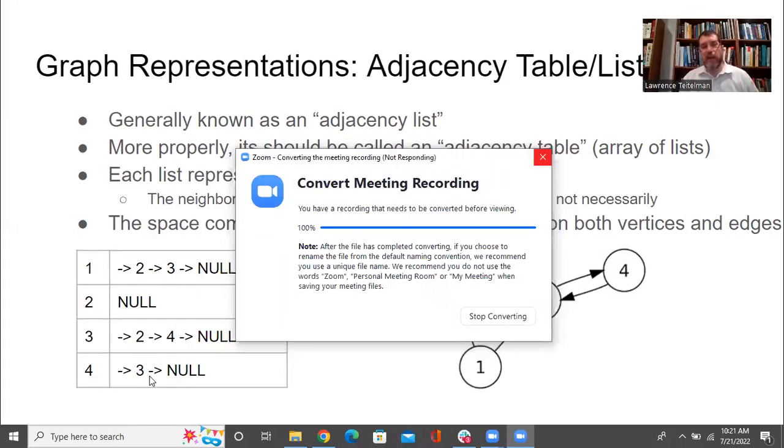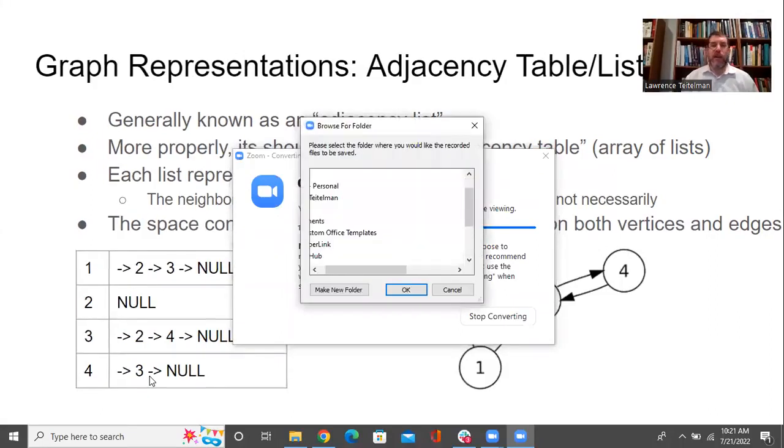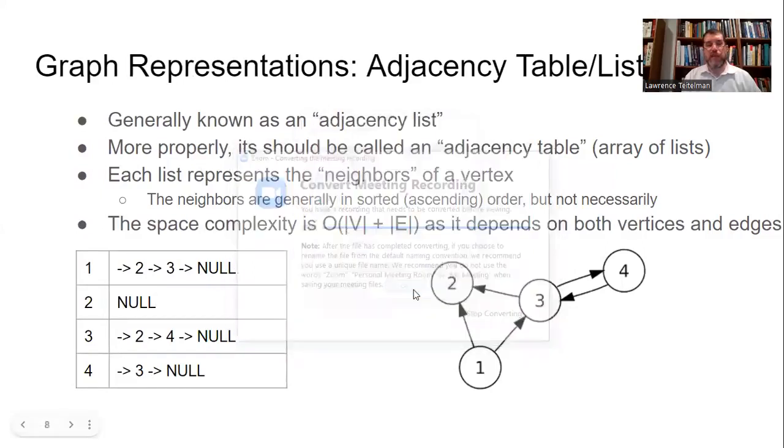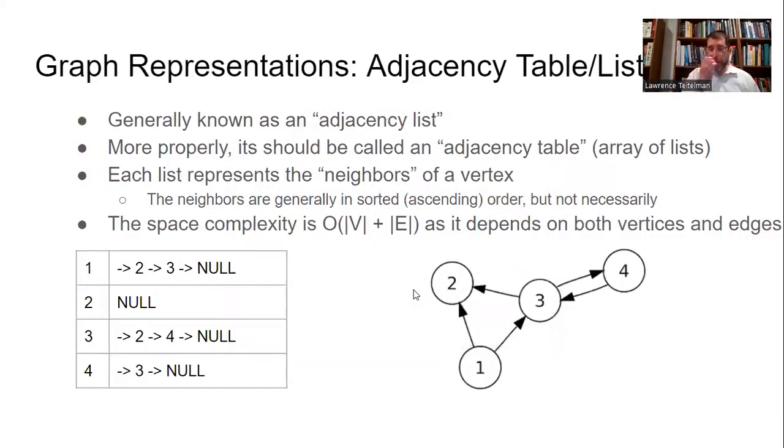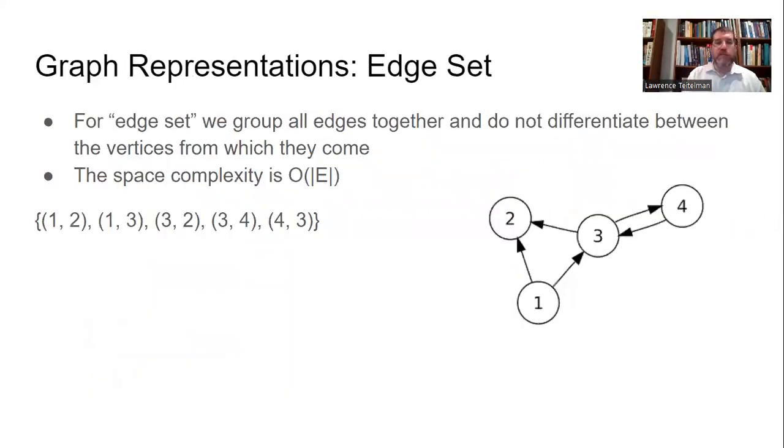So again, I have to be honest with you, probably more books call it an adjacency list than call it an adjacency table. And I will probably here and there call it an adjacency list myself, but I actually prefer the term adjacency table. It's a little bit like a hash table with chaining, right? All the neighbors of something go into one chain.